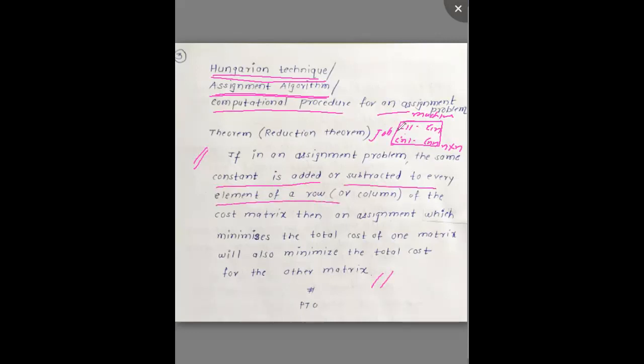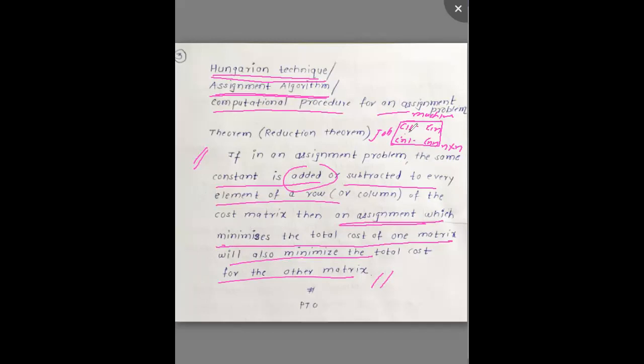So consider the first row, you subtract the same constant from all the entries or add the same constant to all the entries in this first row or first column of the cost matrix. Then an assignment which minimizes the total cost of one matrix will also minimize the total cost of the other matrix. That means the solution will not change.